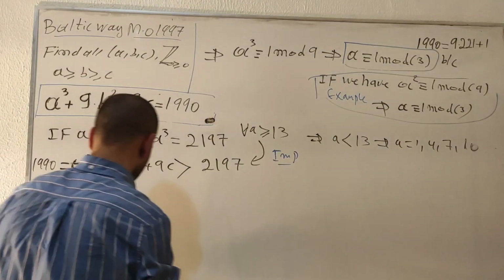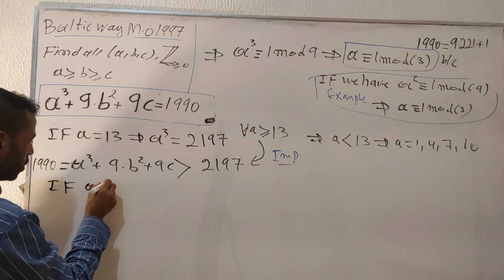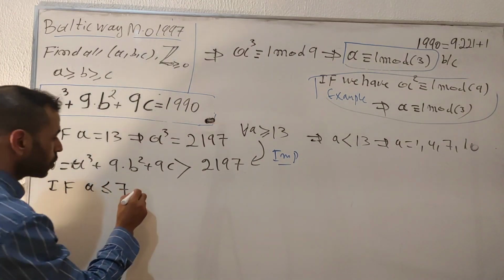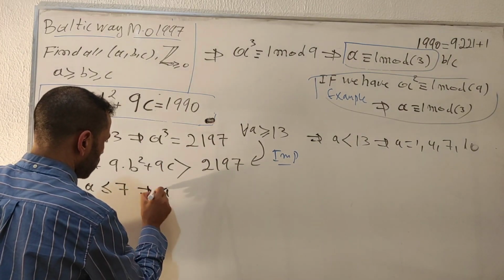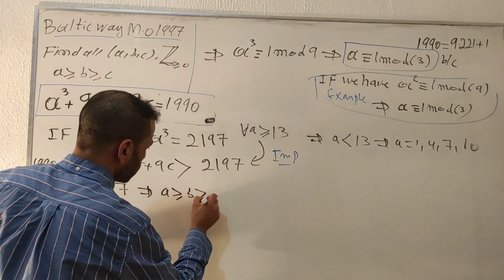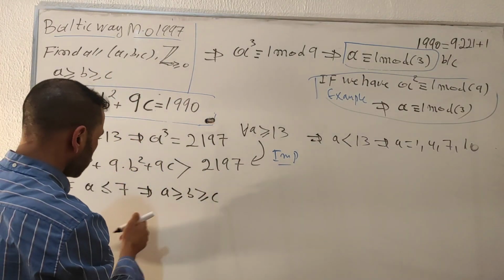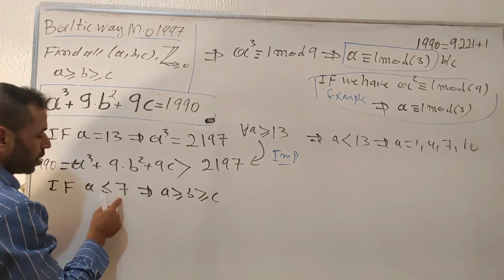On the other hand, let's see what's going to happen if a is less than or equal to 7. We know a is greater than or equal to b, b is greater than or equal to c, based on the condition that we have before. Which means the maximum value b and c can take is 7.